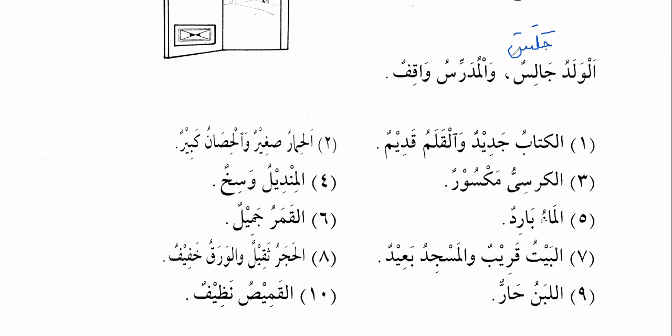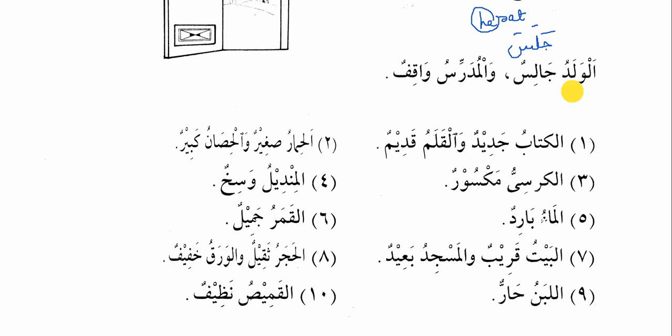What about this jalis? I told you that this comes from the verb jalasa. Jalasa means he sat. As I told you, the pronoun is hidden in all past tense verbs. So jalis means the one who is sitting, the one who is doing the action.